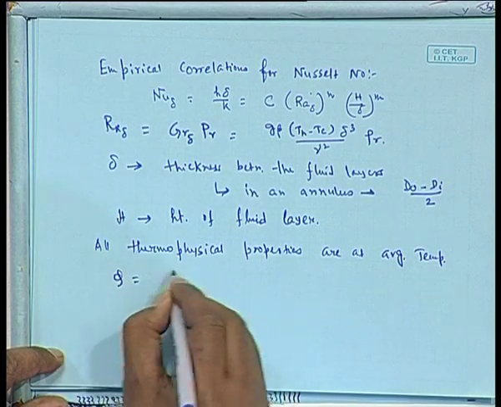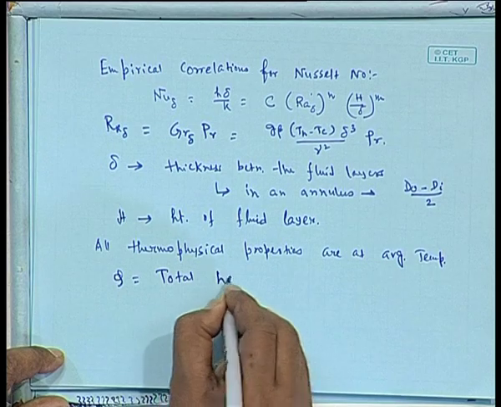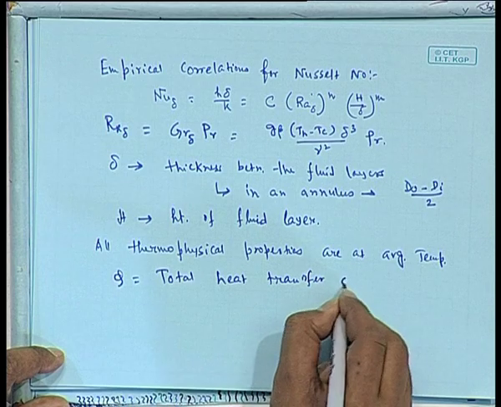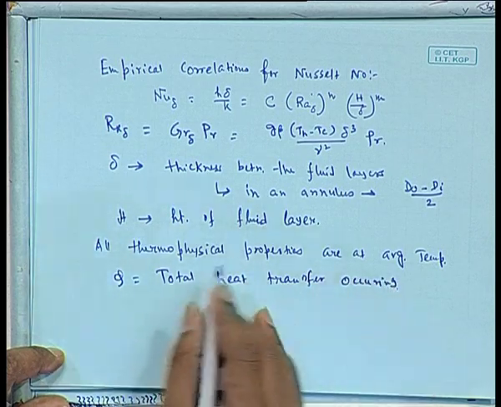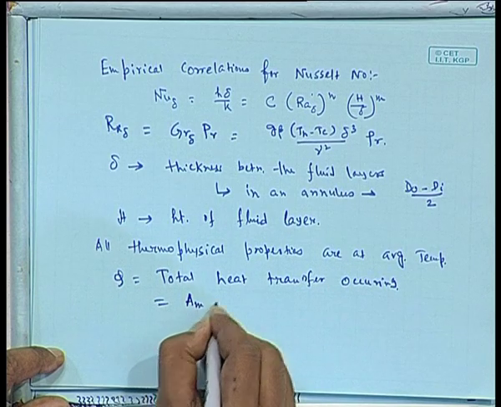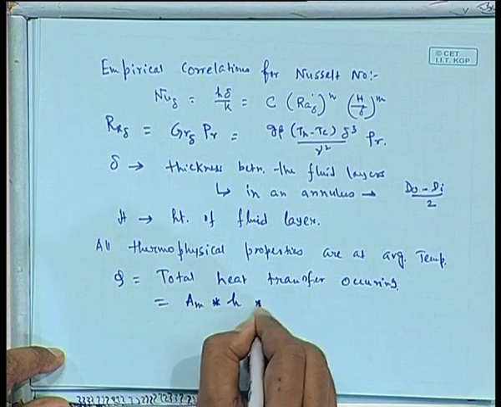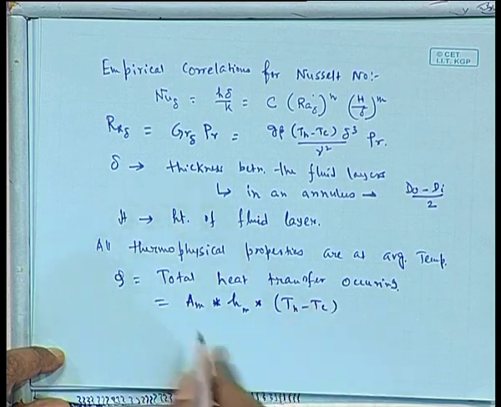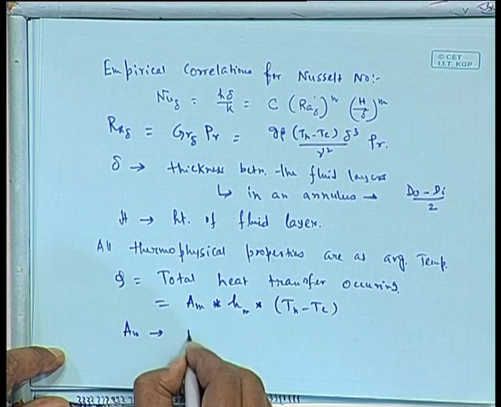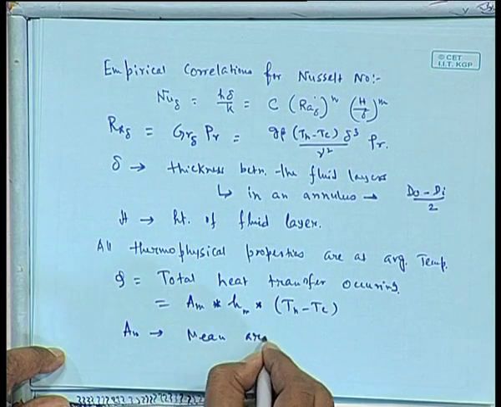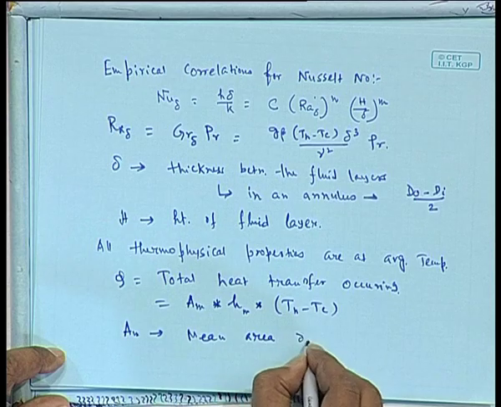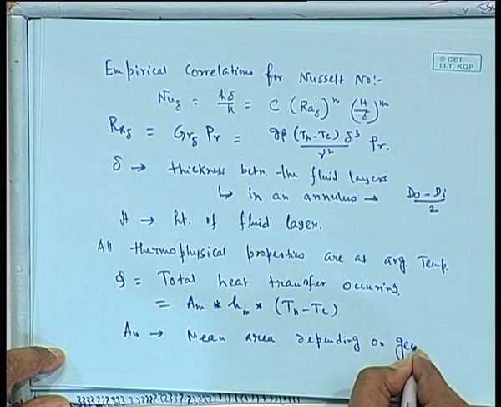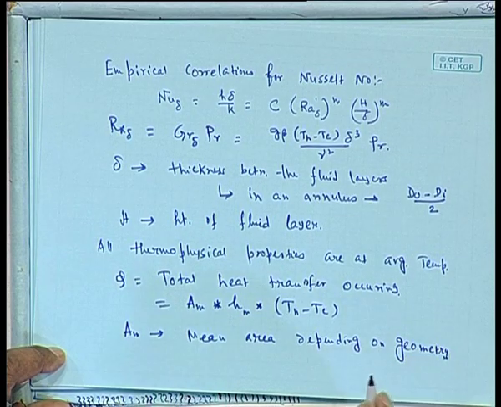Now, Q, the total heat transfer occurring per unit time, is A m times h m, that is the heat transfer coefficient, multiplied by (Th minus Tc). Am is the mean area, depending on geometry.